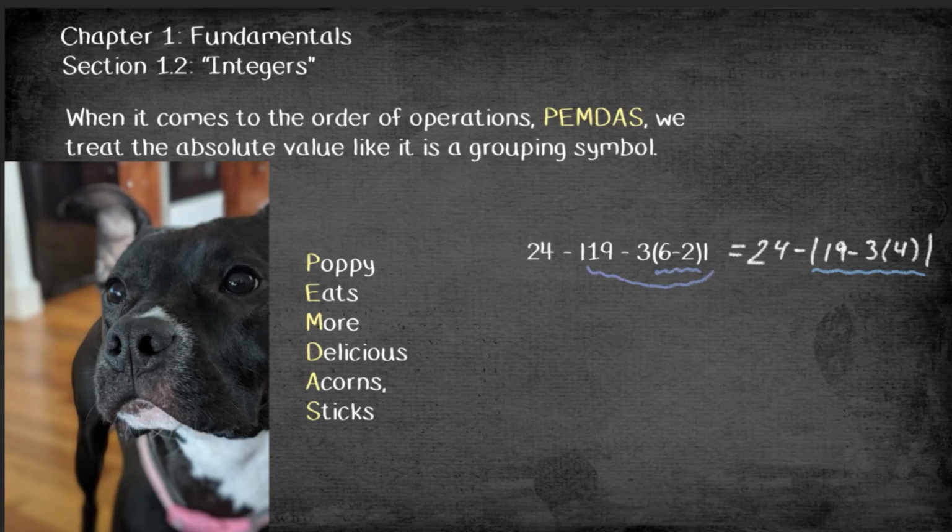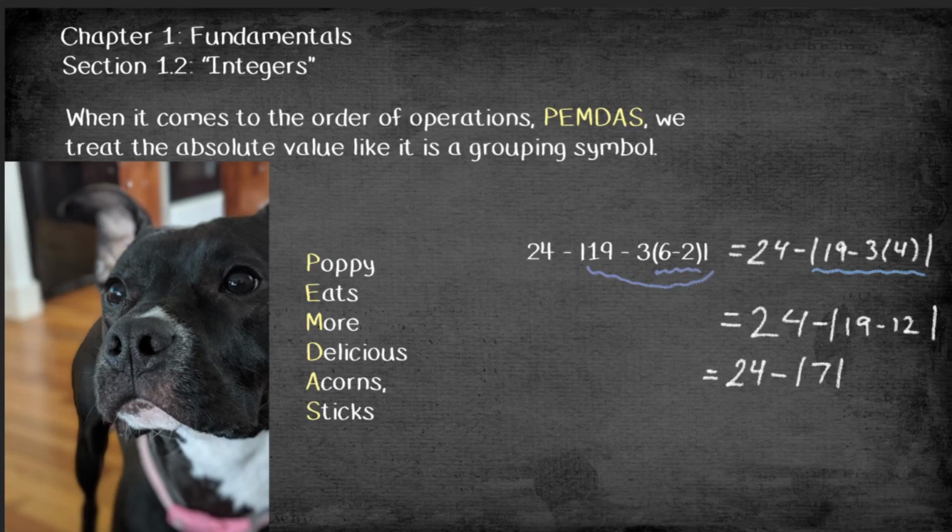So again, we're going to simplify. And that gives us 24 minus the absolute value of 19 minus 12, which is to say 24 minus the absolute value of 7.